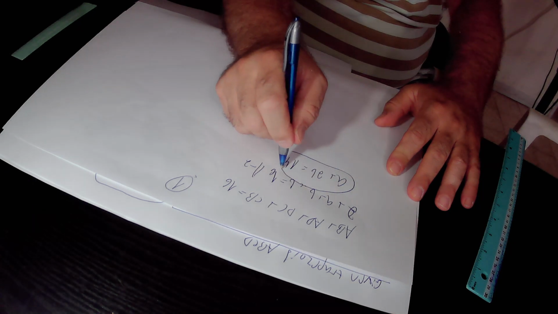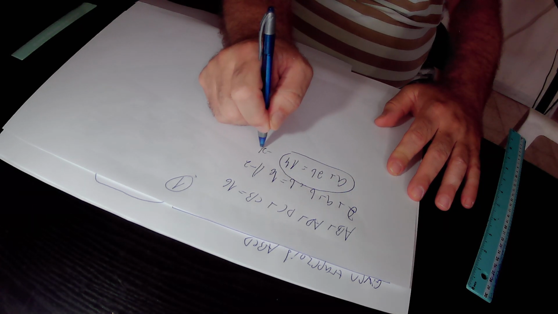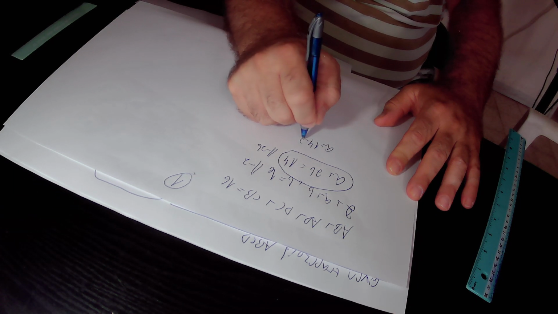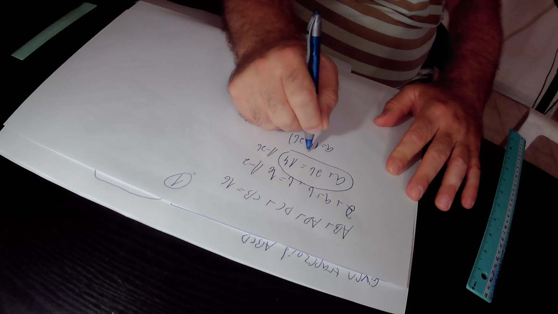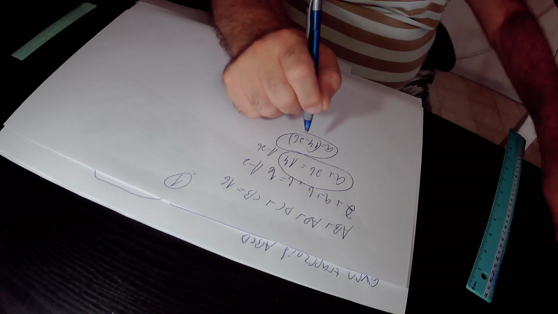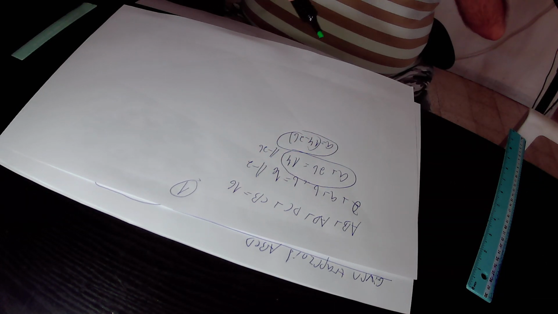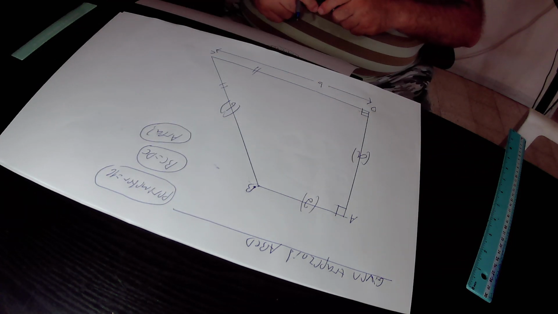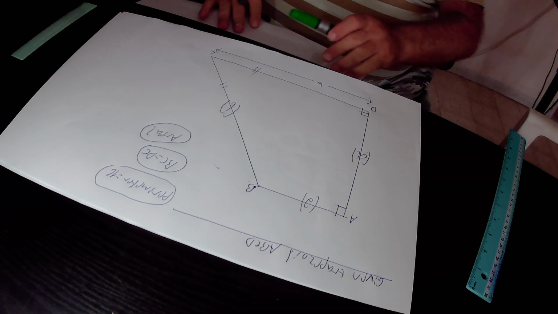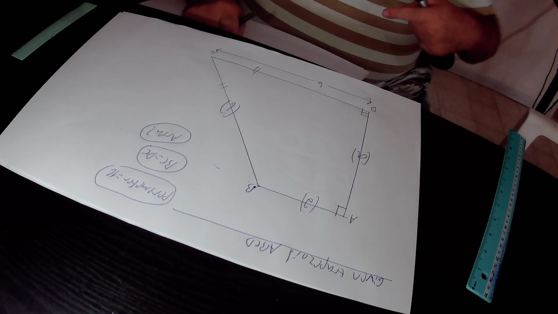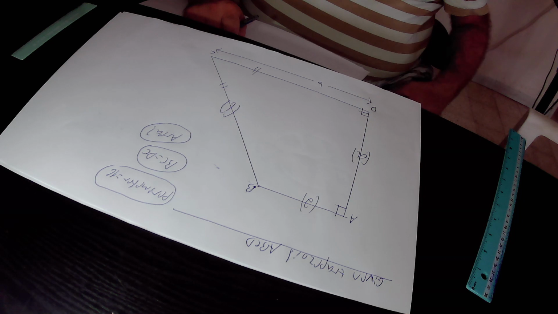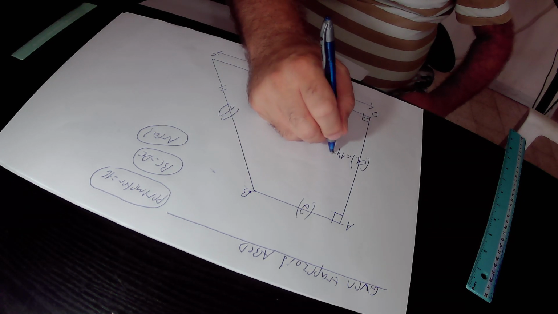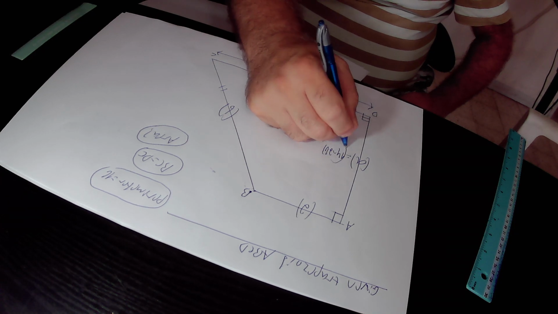Here we subtract 2B from this equation, and we get that A equals 14 minus 2B. So we found out that the length of side AD, which is A according to our definition, is equal to 14 minus 2B units.